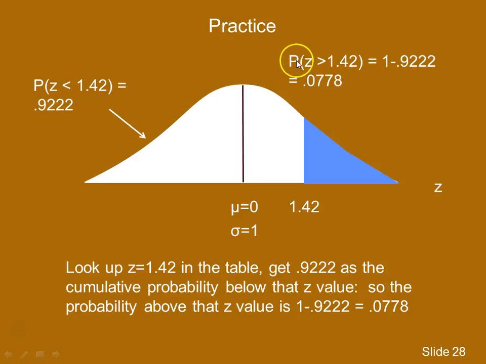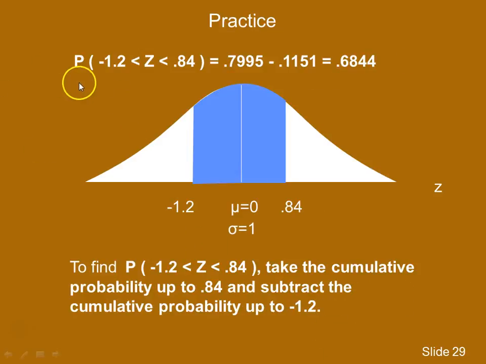I asked you for the probability that Z is above 1.42. I want everything up here. So we'll simply take the cumulative in the table and subtract from 1. Take 1 minus 0.9222 and you'll get 0.0778. So the probability that Z is greater than 1.42 is 0.0778.